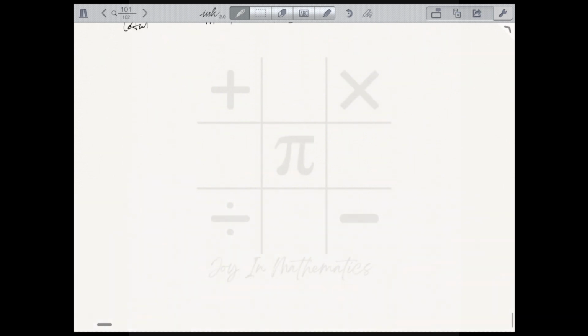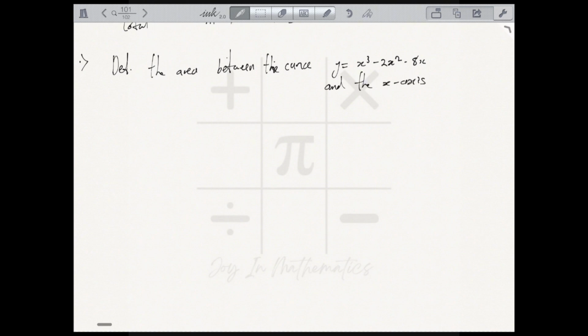So we are asked to determine the area between the curve y is equals to x cubed minus 2x squared minus 8x and the x-axis.